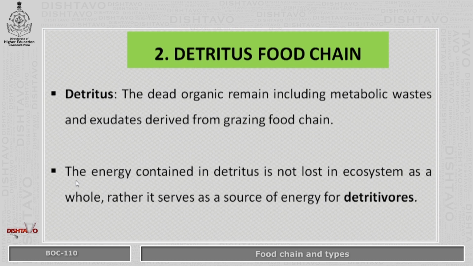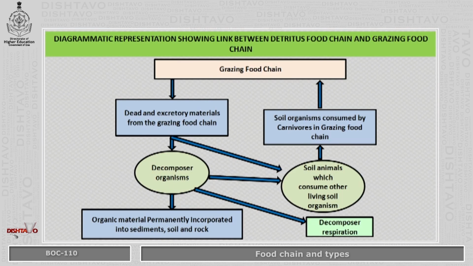The energy contained in the detritus is not lost in the ecosystem as a whole; rather it serves as a source of energy for detritivores. So detritivores are the organisms which feed on dead and decaying matter. This is a diagrammatic representation which shows the link between the detritus food chain and the grazing food chain.